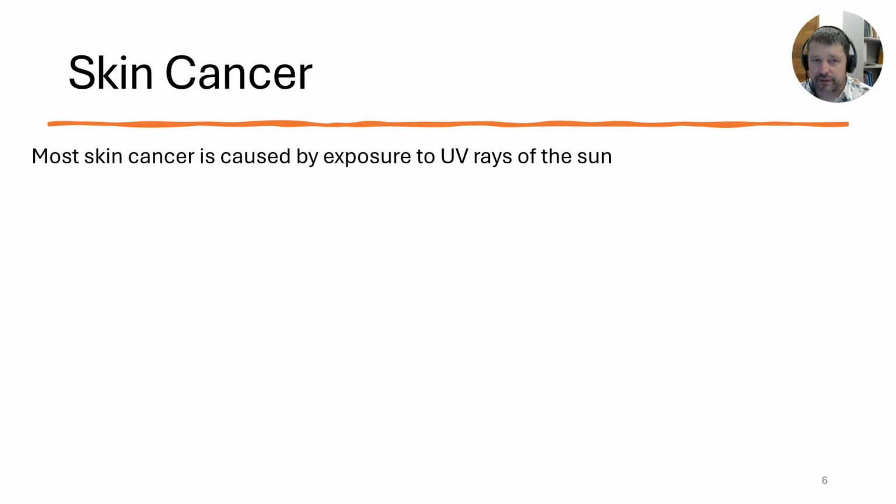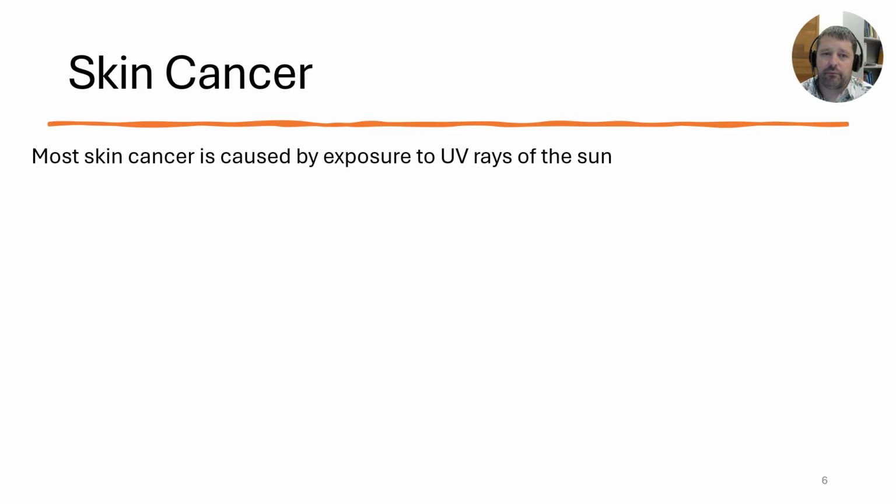Let's talk a little bit about skin cancer. And then again, we'll come back and we'll hit some things with each one of these glands. We'll talk about kind of ear infections. We'll talk about mammary gland issues. We'll talk more about skin cancer, but we'll talk about sebaceous gland issues and things like that.